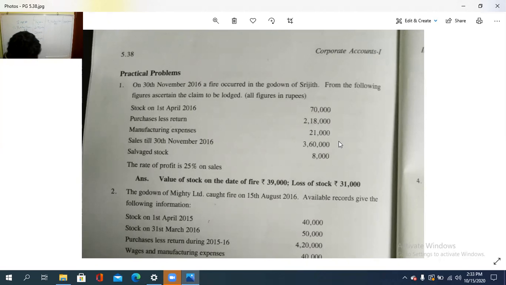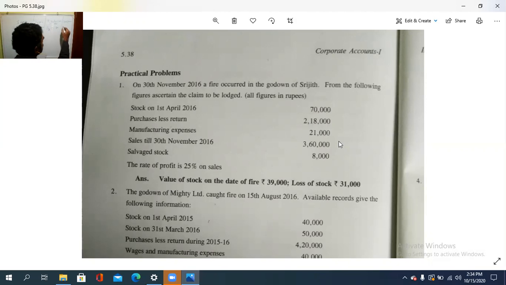Then take the total of the debit as well as the credit. So 90,000 plus 21,000 plus 2,18,000 plus 70,000, so 3,99,000. So by closing stock, 3,99,000 minus 3,60,000, 39,000.